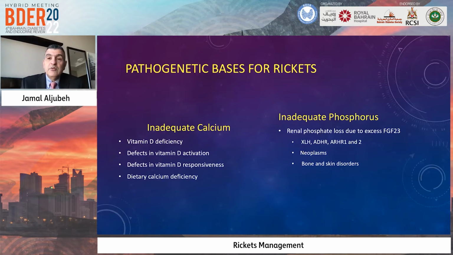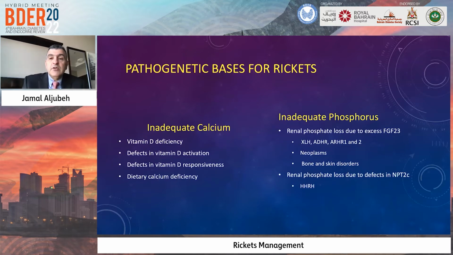These are usually benign mesenchymal neoplasms, and they are difficult to diagnose and find. Also, bone and skin disorders like McCune-Albright syndrome and certain types of nevi.